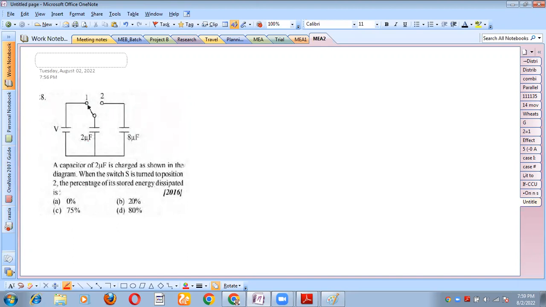So what this question says is that the capacitor is first charged through this point, and then this point is shifted to this. So we have to find the percentage of its energy dissipated. So basically we have to find the change in energy. If we see the initial energy, what is that? Half CV square.